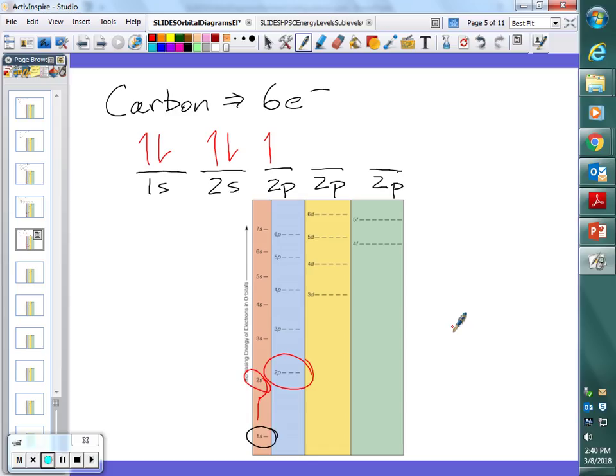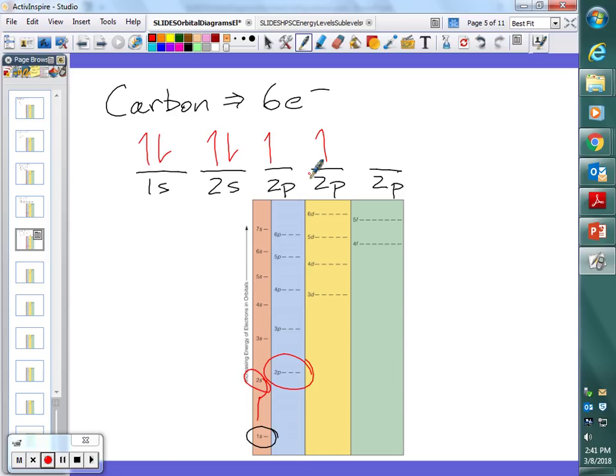It wants to get as far away from the other electrons. So if this orbital already has an electron in it, granted it's not full, but if the 6th electron has a choice, is it going to go in there with the 5th electron? It's not. And so I'm going to draw it here.